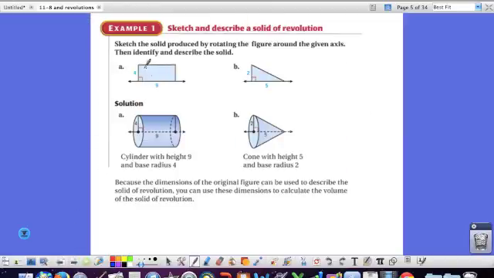So for A here, it would revolve and it would be a cylinder, and you could figure out the volume of the cylinder based upon the dimensions that you're given. And on problem B, that right triangle, when it revolves, is going to be a right cone.